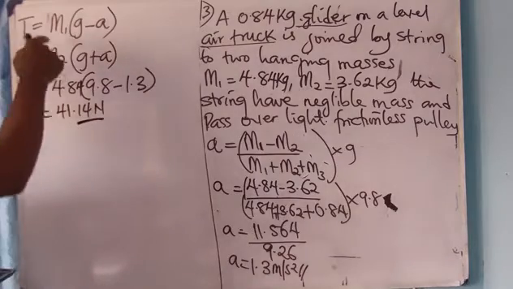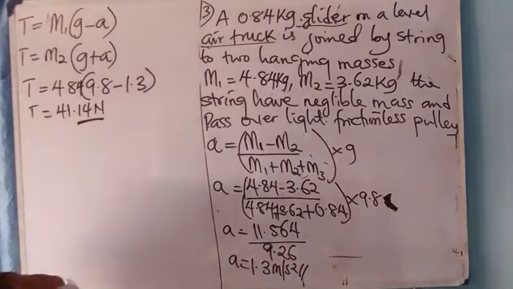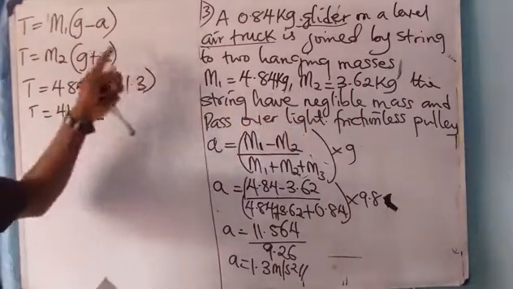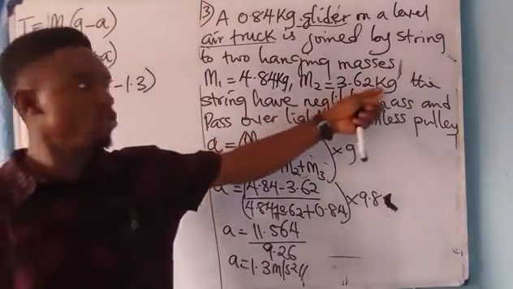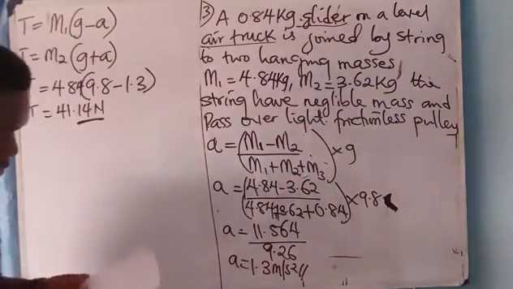All right, so you can also do for M1. M1, okay, what should I do now? Okay, in M2, you are going to be using mg plus a, having the lower mass, okay? Now let us solve this one.